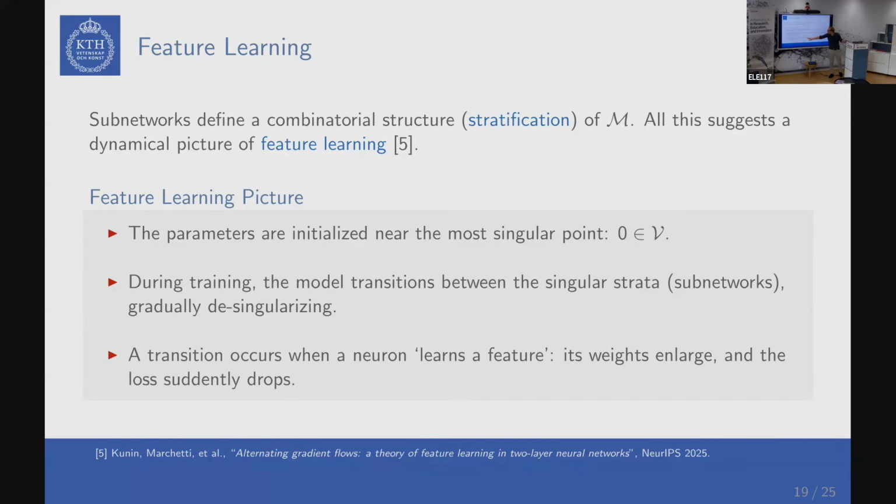A neuron transitioning from dead to active, I interpret as an event of feature learning. We might think that that neuron, whatever that means, has learned a feature. Its weights enlarge, so this neuron joins the active subnetwork, and over the neuromanifold we are jumping between the singular strata. From the point of view of the loss, at least the training loss, this corresponds to a sudden drop.